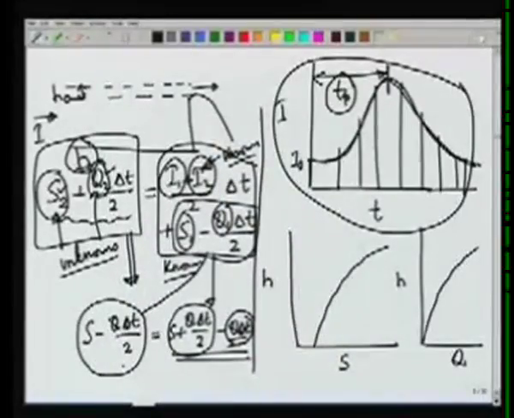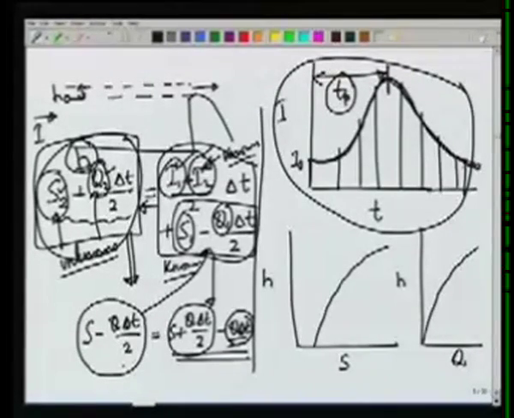So we solve for one step, and then for the next step this will become the known value here, and knowing the inflow, we can again get the parameter S plus Q delta t by 2 at the end of the time step, and repeat this process till we route the whole inflow hydrograph through the reservoir.